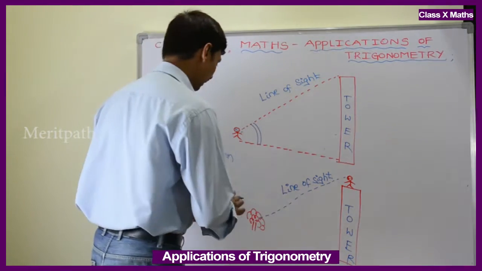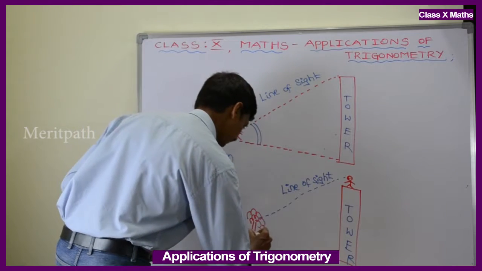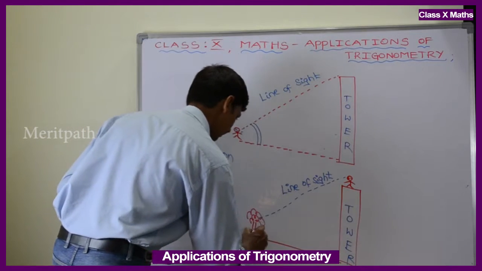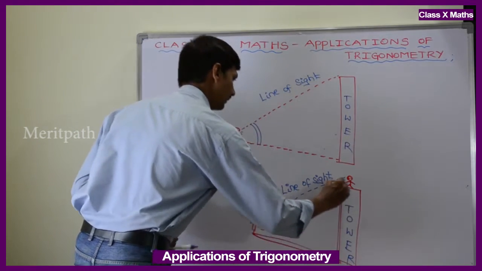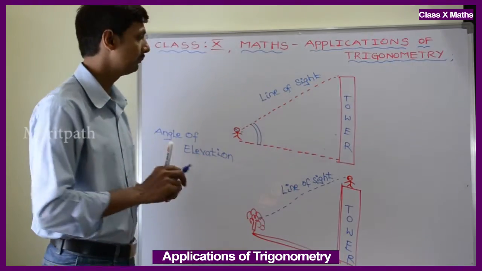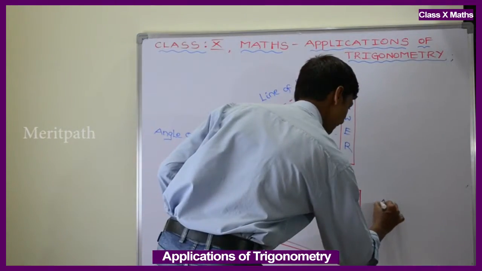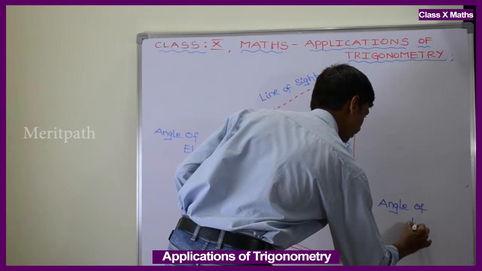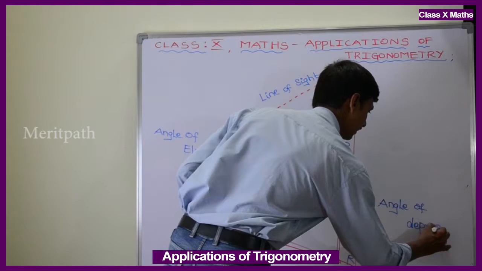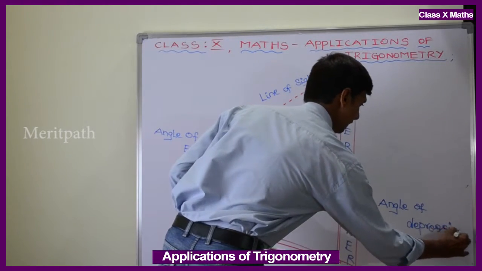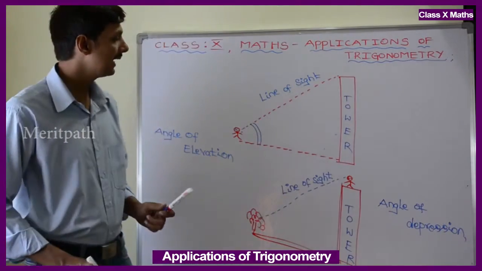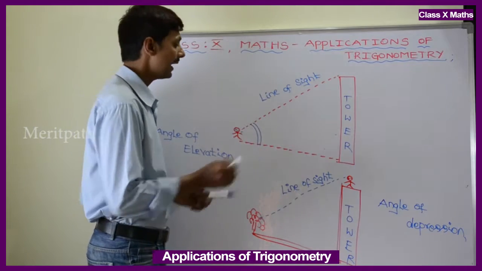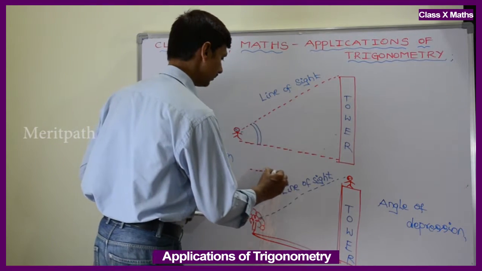So the angle formed here is called the angle of depression. This is the angle of depression. Here his eyesight will be straight like this.